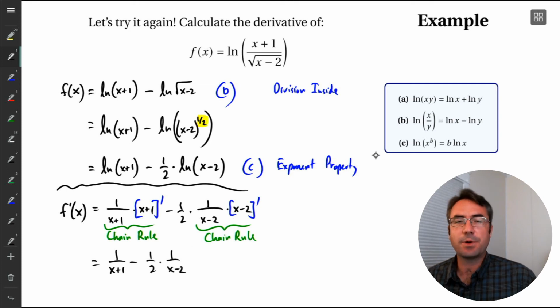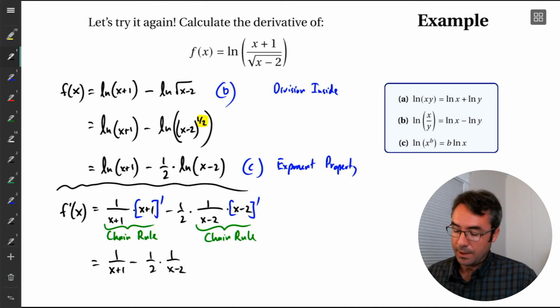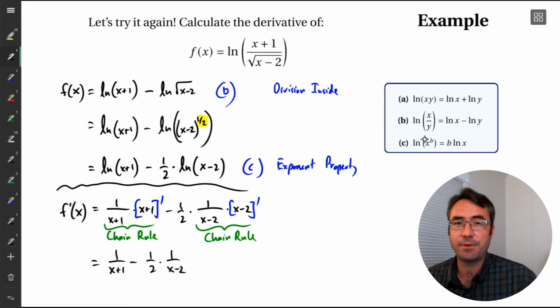And why are these properties so helpful? Well, instead of having multiplication, which we know is difficult to differentiate, and instead of having a fraction, which we also know is difficult to differentiate, and even power functions like this, where we have a power rule but it's more complicated to differentiate, the multiplication gets converted into addition, which is a lot easier to do our calculus with.